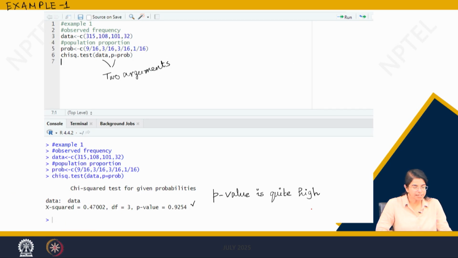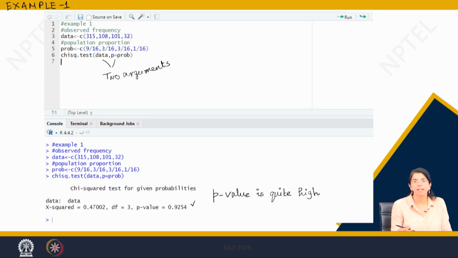Now, coming down to the R code for these couple of examples, R will make our life easier. So that's what we are going to experience now. The first example, I have made the screenshot here. It is a pretty easy example. The observed frequencies given are 315, 108, 100, 132.